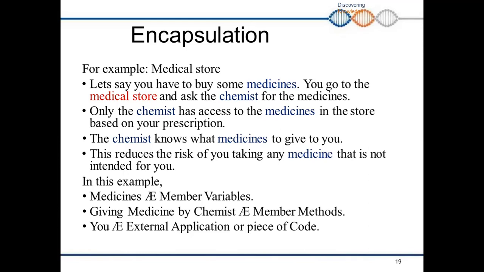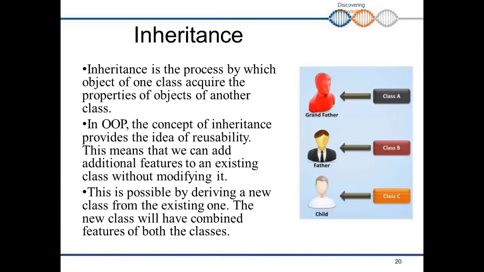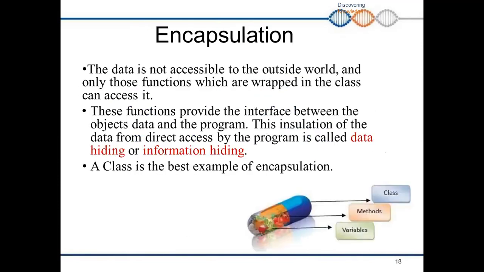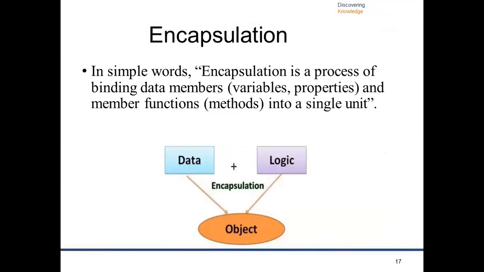So an external entity cannot access the encapsulated data. Basically, encapsulation is a process of binding data members and member functions together. If we want to use that data, we access it through a member function of that class. We cannot access it directly.